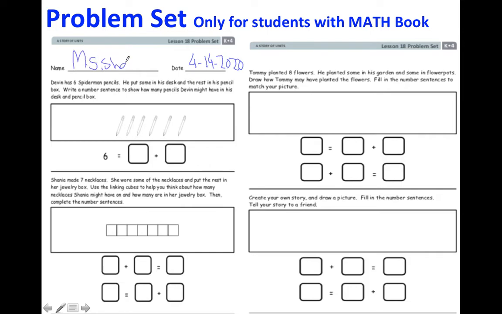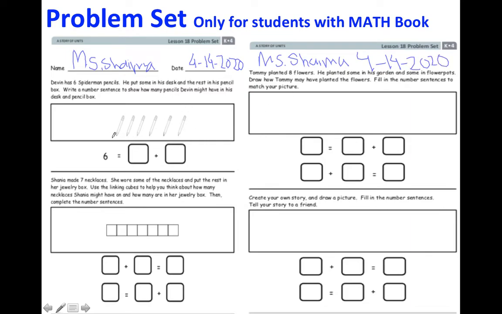Remember, you have to write your name and date on both pages, so I know who the picture belongs to when the work gets submitted to me.